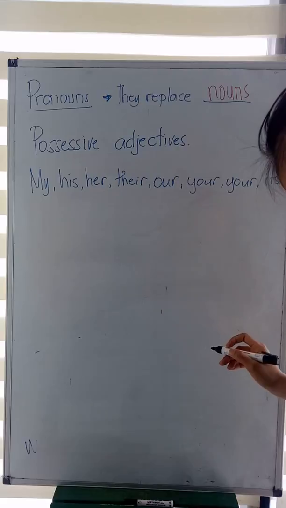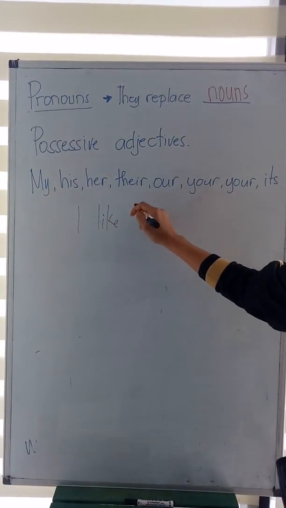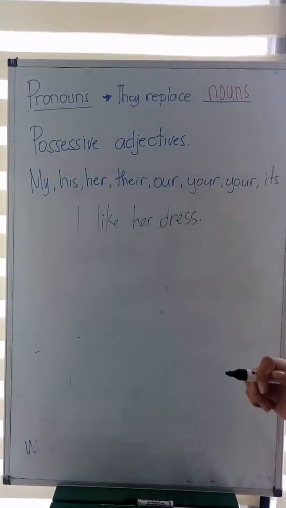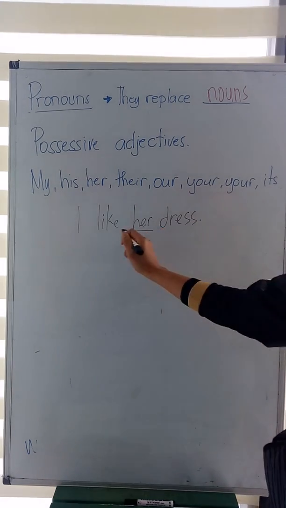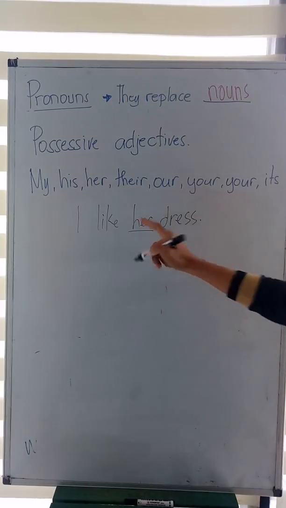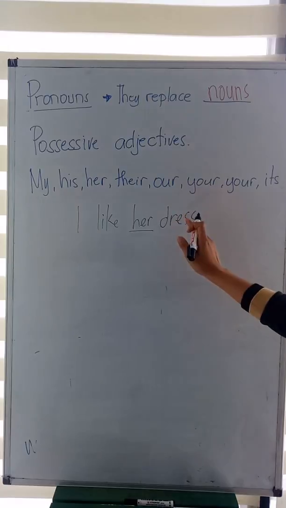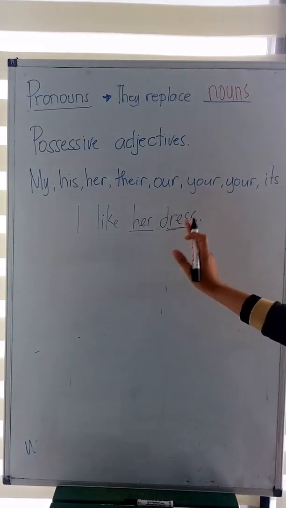For example, I like her dress. We use our possessive adjective here. Who owns the dress? It's her. So I like her dress. So as you can see, it comes before the noun dress.